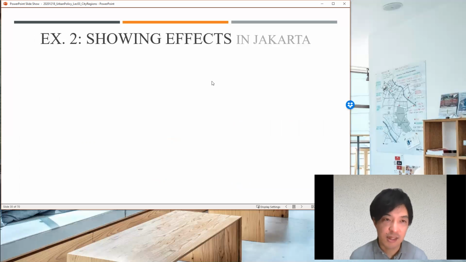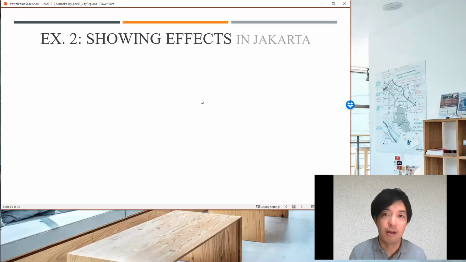Let's look at the next example. Showing effects of bus rapid transportation systems in Jakarta. Okay, do you remember the topics of the report that we saw last week?